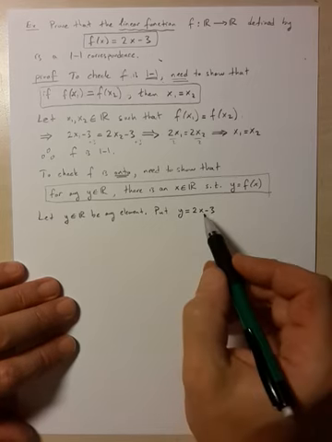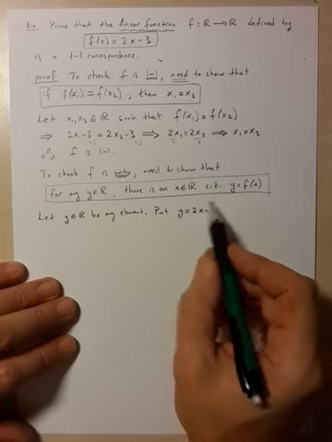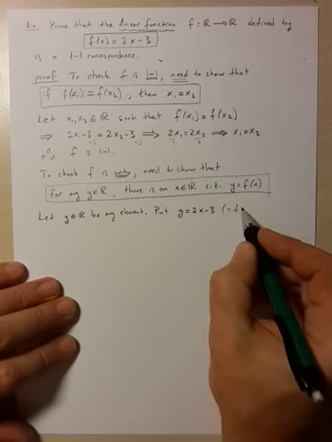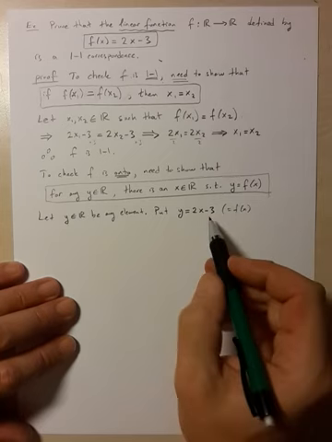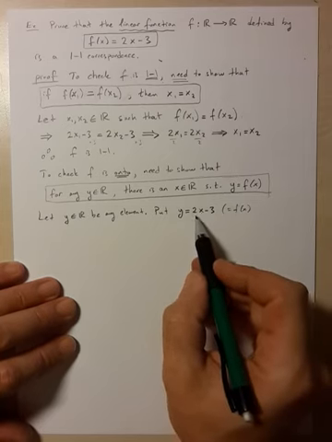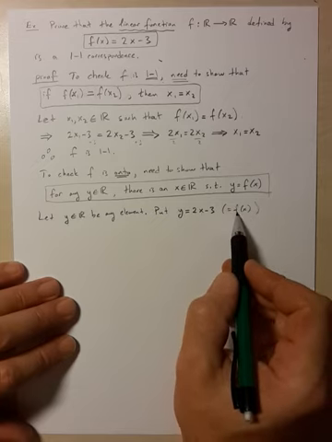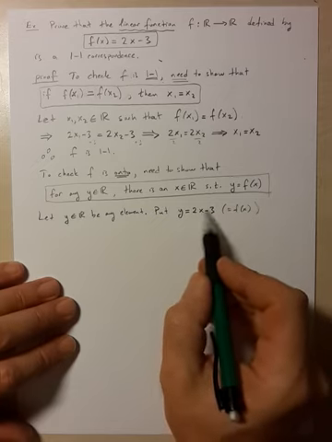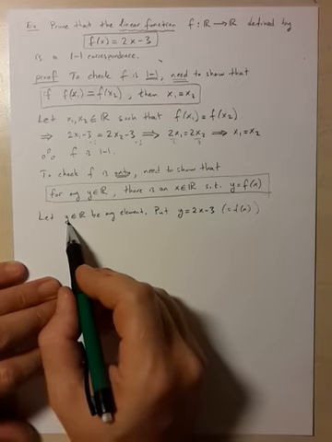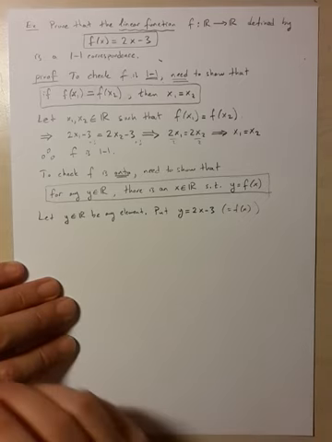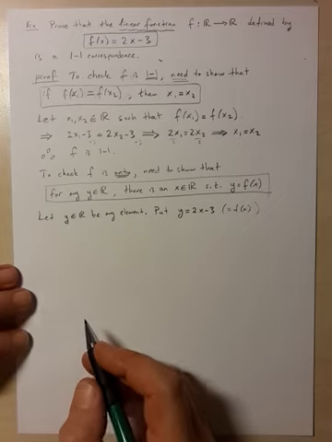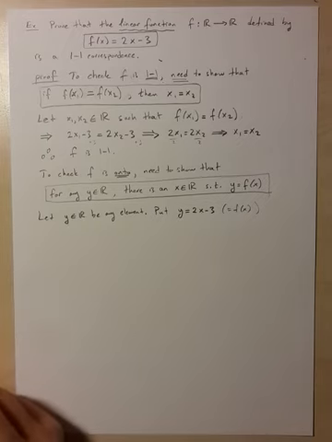Is there any x so that the value of x under F, which is 2x minus 3, is equal to the element that we pick from the codomain of the function? This is the question. Can we find such x?